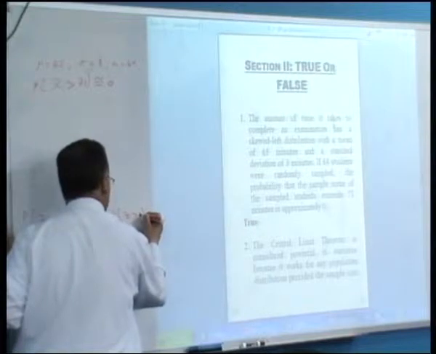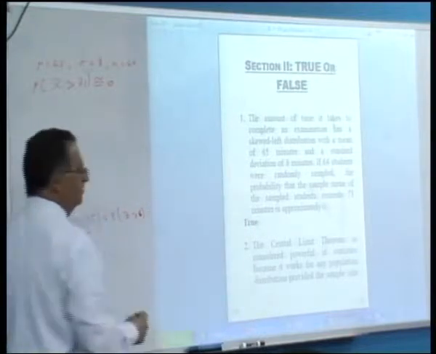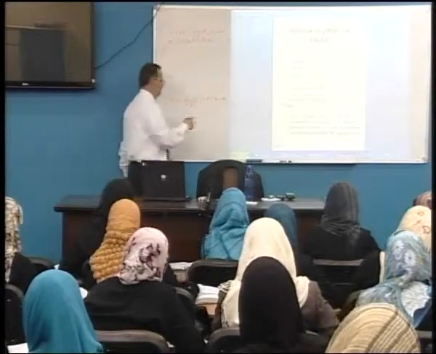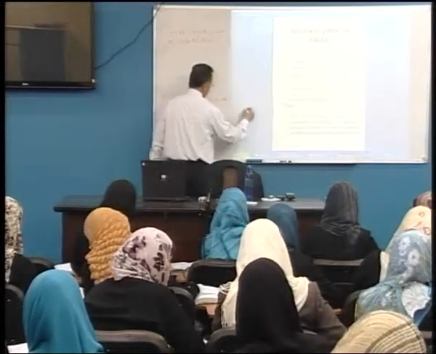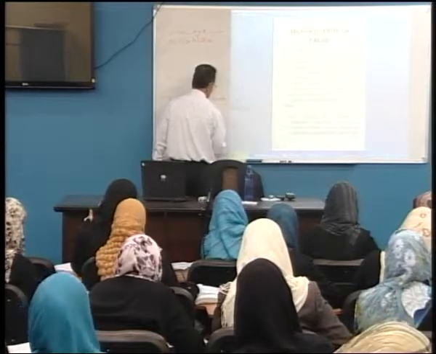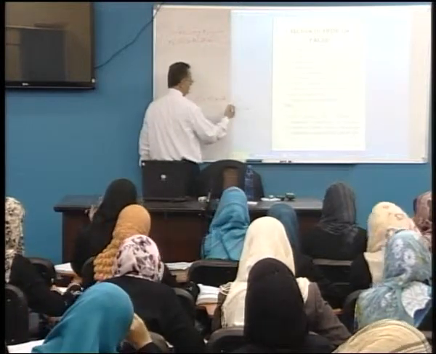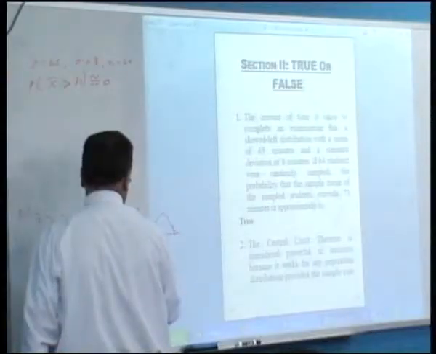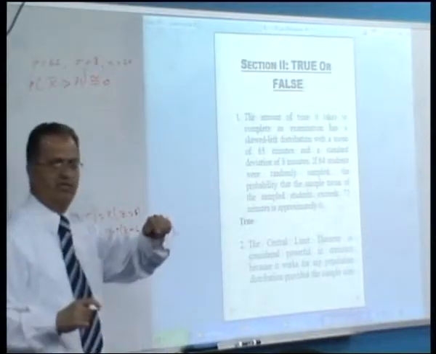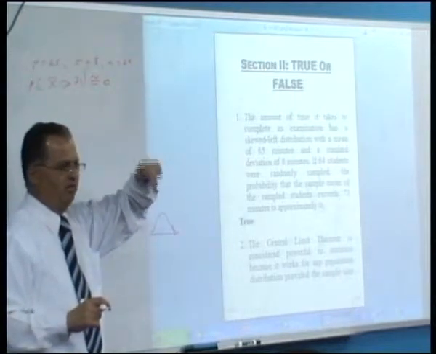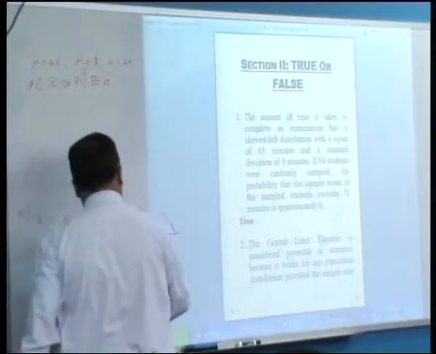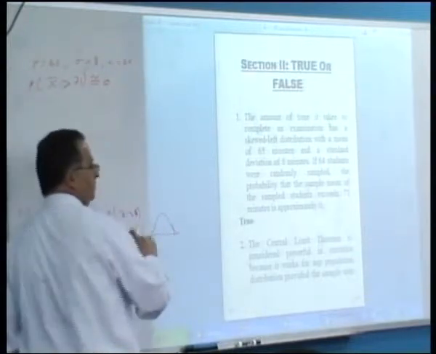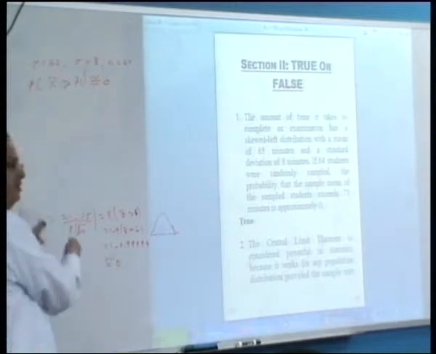If you go back to the normal table, the table we have gives the area to the left. So this one is 1 minus P(z less than 6). For 6, we have 0.9999. So the answer is approximately 0. So it makes sense, it's 0. This is the complete answer.